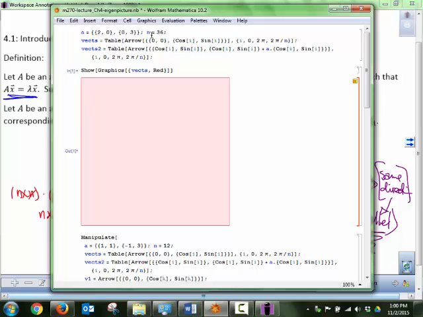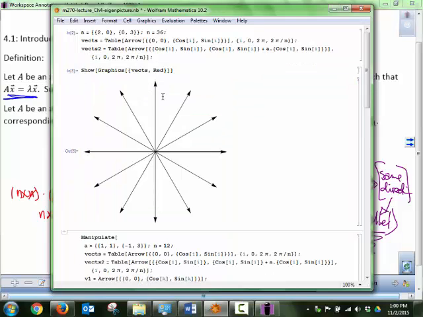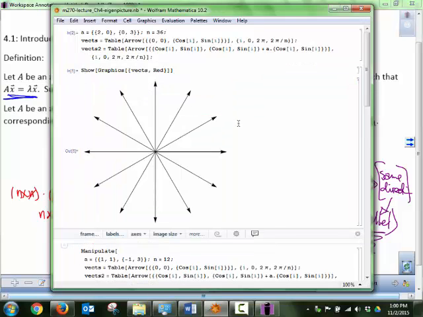And what it does is you start off with a 2 by 2 matrix, and then it gives you a sampling of a bunch of vectors that goes around in a circle.